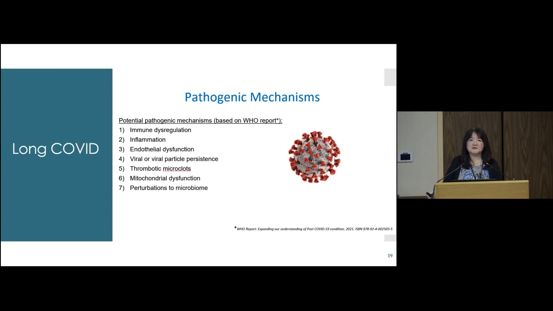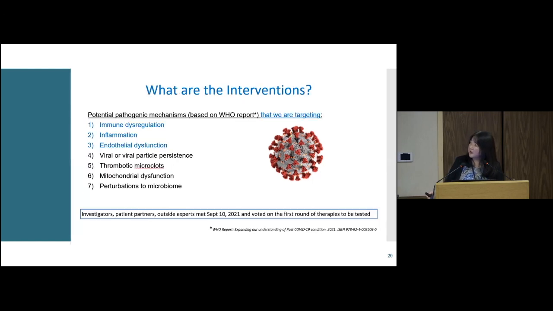Then we got the investigators and outside experts and patient partners to vote, and it ended up with 2 drug interventions aiming at the immune dysregulation, inflammation, and endothelial function.